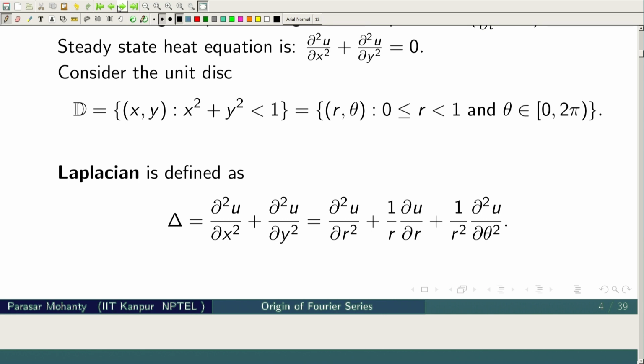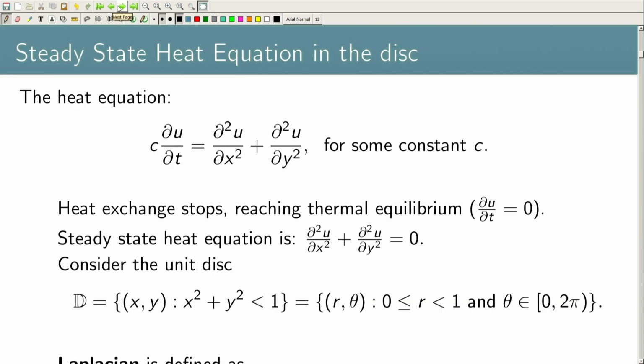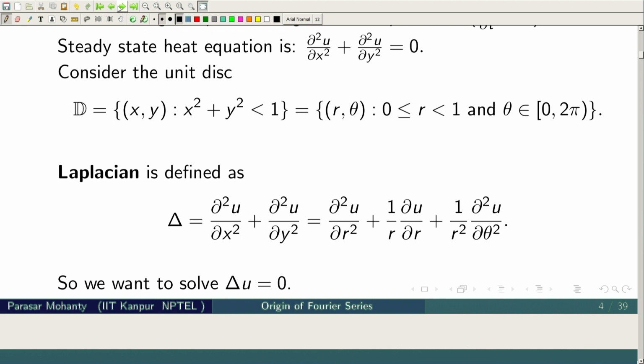You can easily derive this by taking x as r cos theta and y as r sin theta, then applying the rules of differentiation. With a little patience you can compute it. So, the steady state heat equation means delta u, the Laplacian of u, is equal to 0.